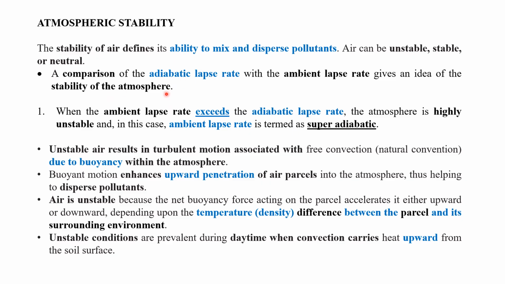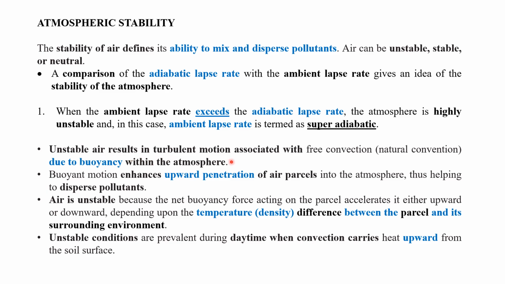The first one is unstable. When the ambient lapse rate, also called the environmental lapse rate, exceeds the adiabatic lapse rate, the atmosphere is highly unstable. In this case, the ambient lapse rate is termed super adiabatic, right?